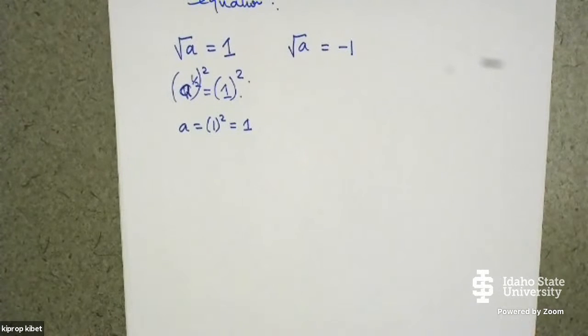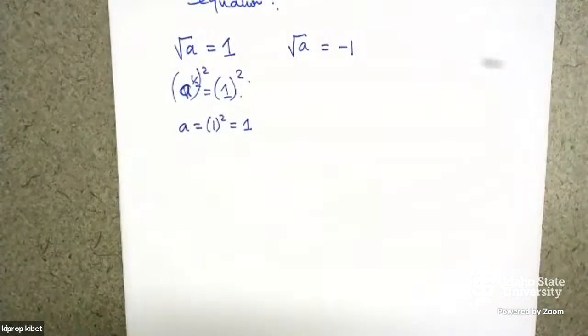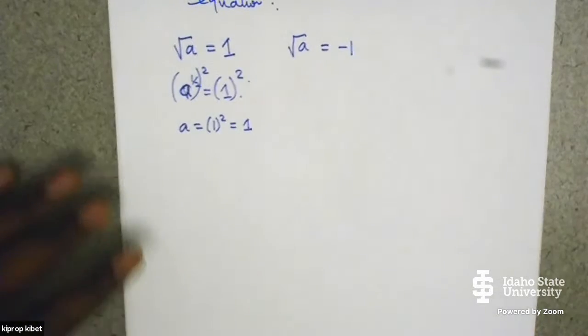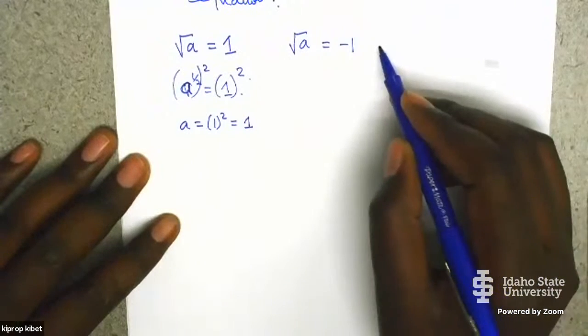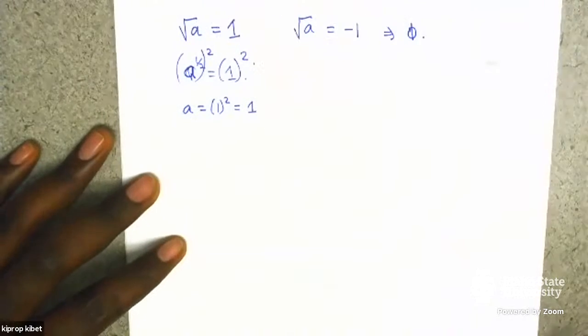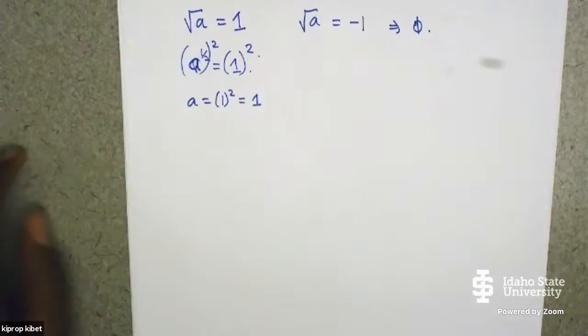You cannot say the square root of 4 is negative 2 like that. The square root can be plus or minus, but it cannot be just the minus there. So if you find something like that, then there is no solution. Okay.